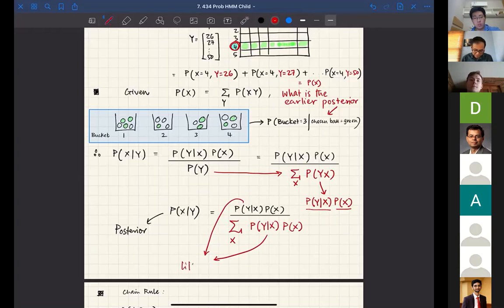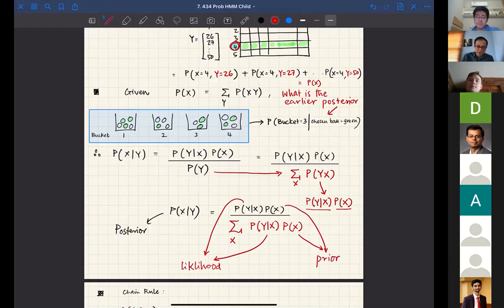Likelihoods. What are these two called? Prior.